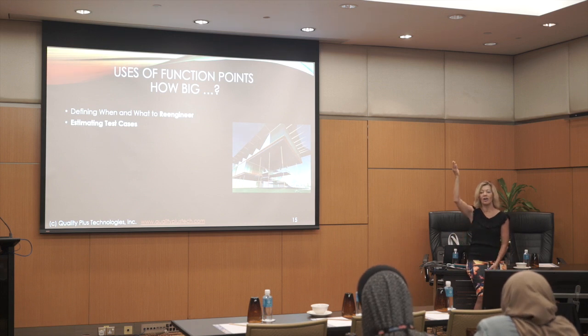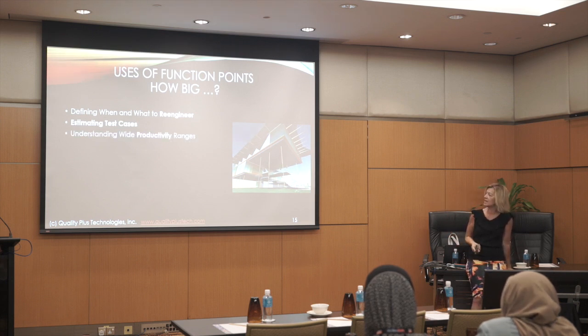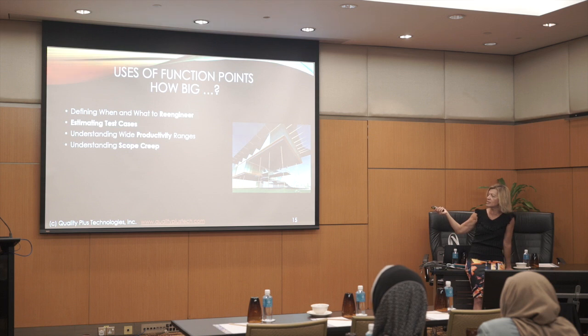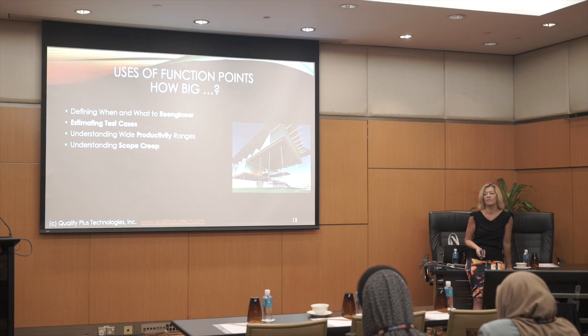If we've pulled all of the functional requirements out of the requirements and said, this set are all the functions we're going to deliver, that's a really good basis for creating test cases. It also helps with understanding our productivity ranges and understanding scope creep. Capers Jones says that for every month of a project, you will have 1.5% scope creep. That's an important number. Think about that.